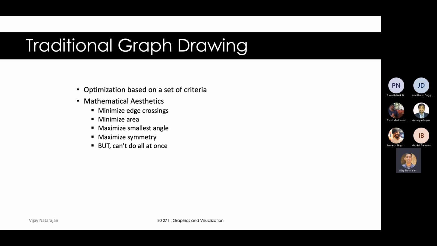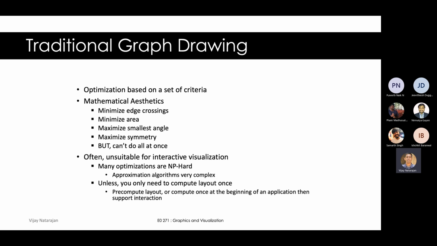So for example, like I mentioned, edge crossings, or reduce the area that is used for the drawing, or reduce the angle and so on, right? If there is symmetry in the graph, then you show that and so on. So you try to optimize all of them. It's not possible to optimize all because there is often a trade-off.